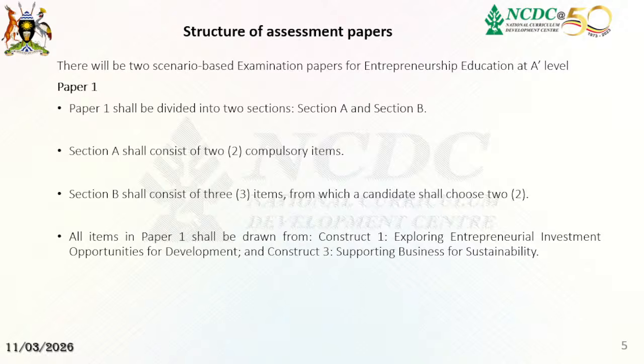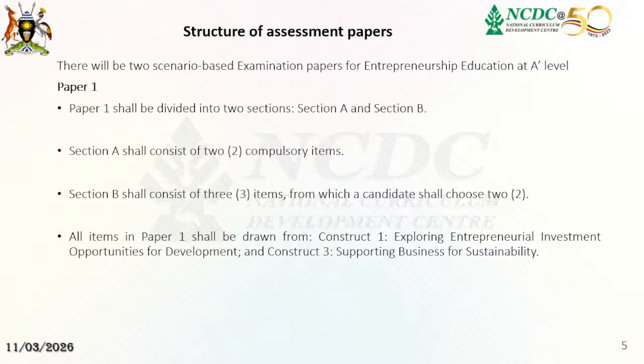We need also to know that all the items in paper 1 shall be drawn from construct 1, which is exploring entrepreneurial investment opportunities for development, and construct 3, which is supporting business for sustainability. Dear participants, this is very critical.